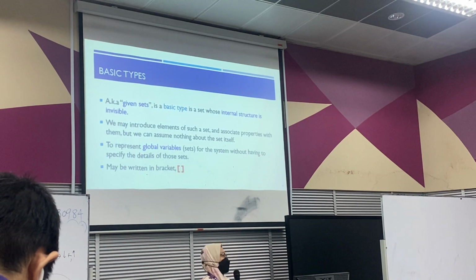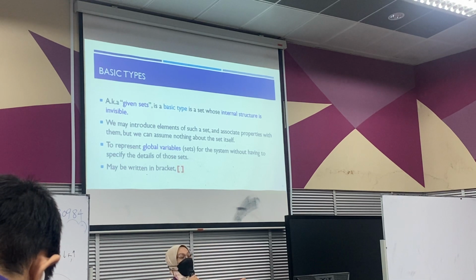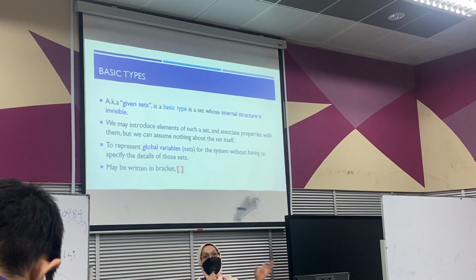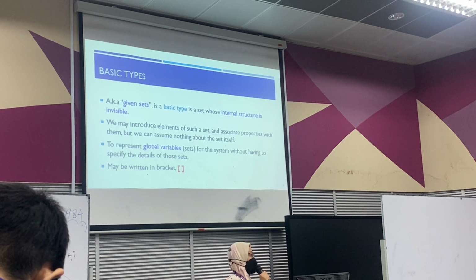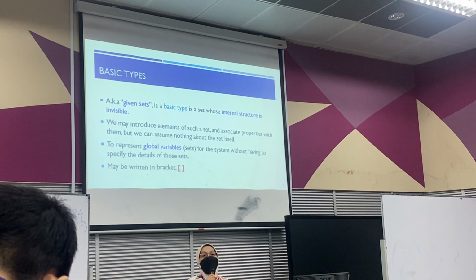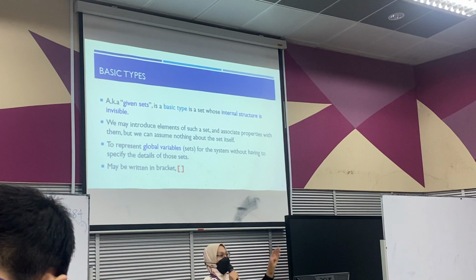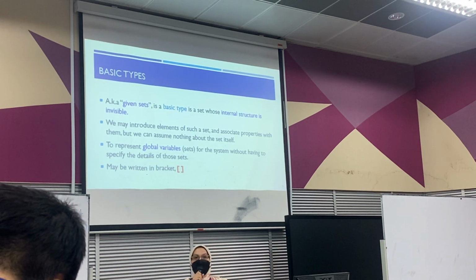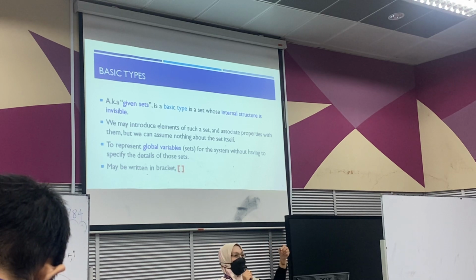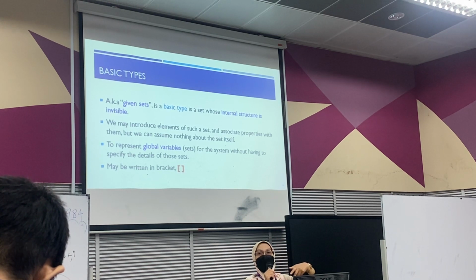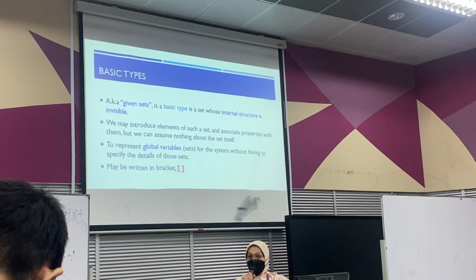Basic type is the popular type that you are going to use to represent your data. Basic type is normally used to represent string data, for example customer name, customer ID, customer IC, customer address, maybe email address, whatever.